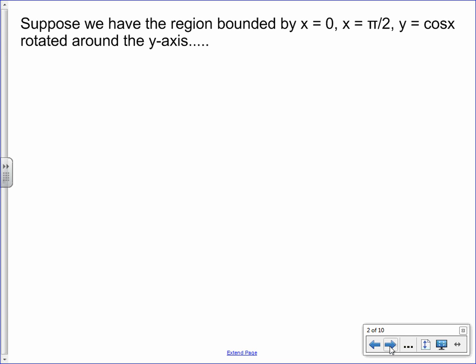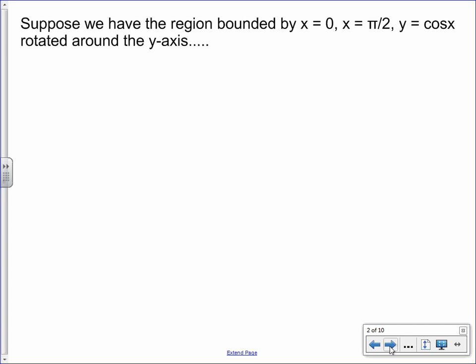Okay, wait, the y-axis. What method are you going to have to use?